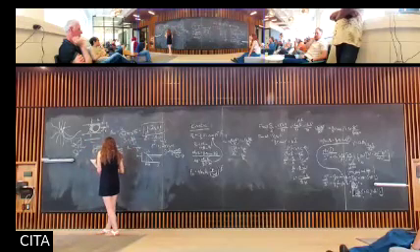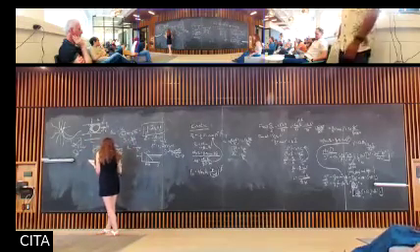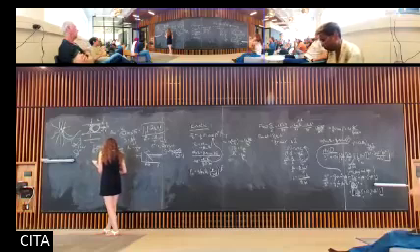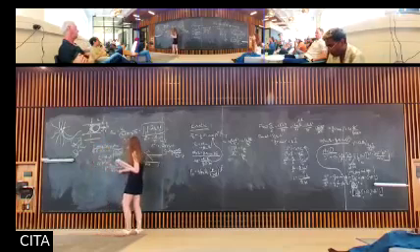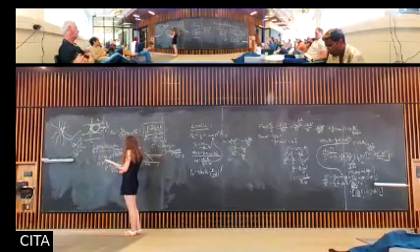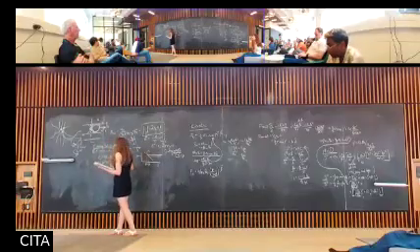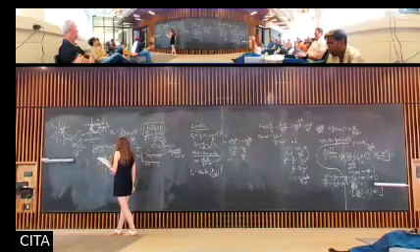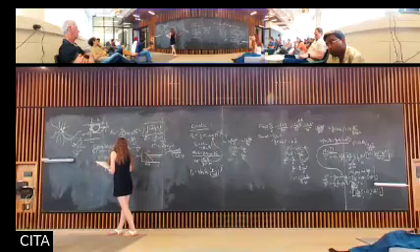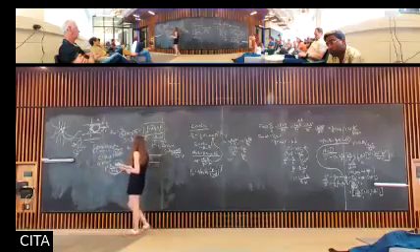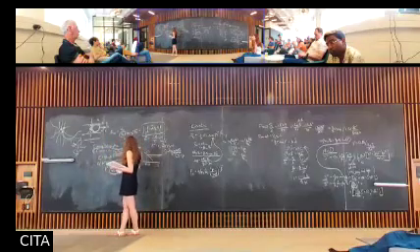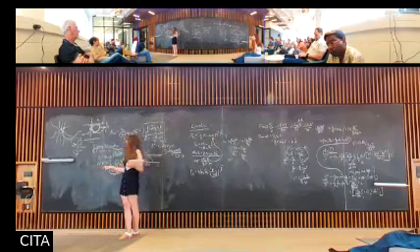This is what we call sigma, the magnetization that Chris was just talking about, and that I said goes into the Alfvén speed.